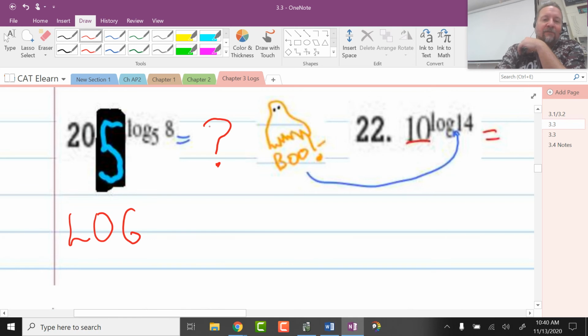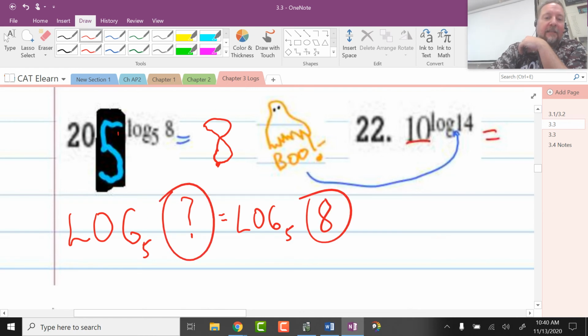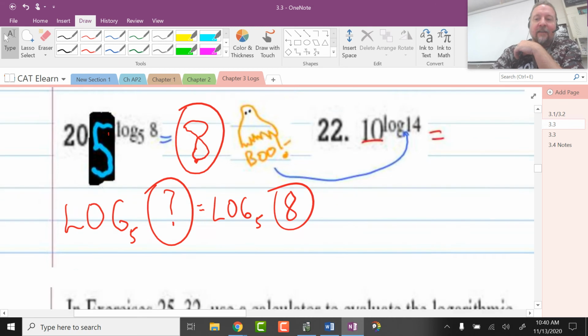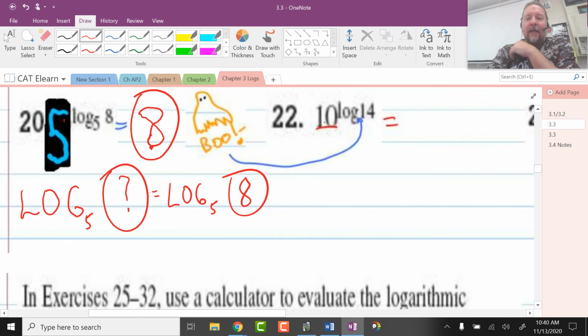Oh, did you answer the question? You did. Okay, but I was going to have you analyze this. Log base 5 of question mark is where I have that 8 equals exponent log base 5 of 8. Question mark has to equal 8. So what's the next one? 10 raised to the log base 10 of 14.